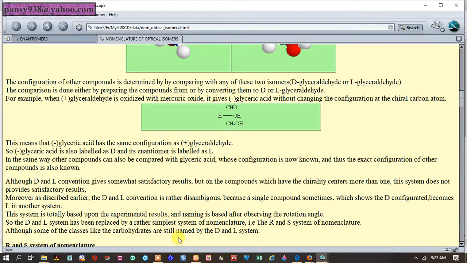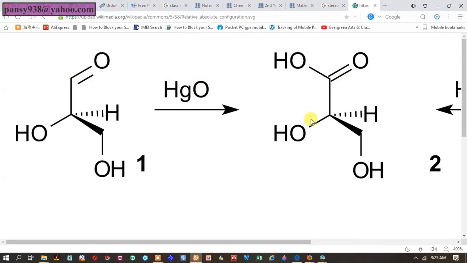Stereochemistry around the chiral center remains unchanged, so it is D series compound. You can see the stereochemistry is unchanged.